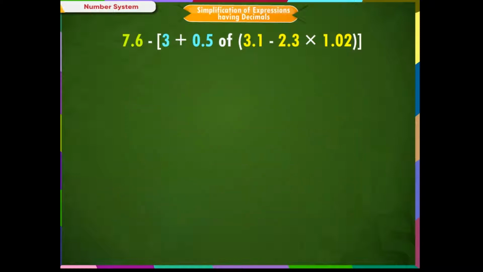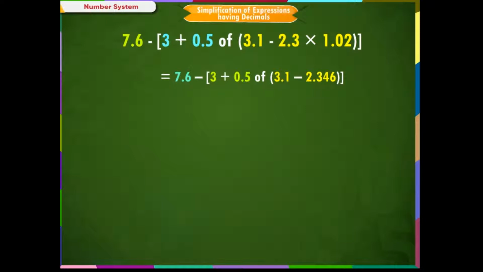Solution. 7.6 minus 3 plus 0.5 of 3.1 minus 2.3 into 1.02 is equal to 7.6 minus 3 plus 0.5 of 3.1 minus 2.346. By simplifying, 2.3 into 1.02 is equal to 2.346.